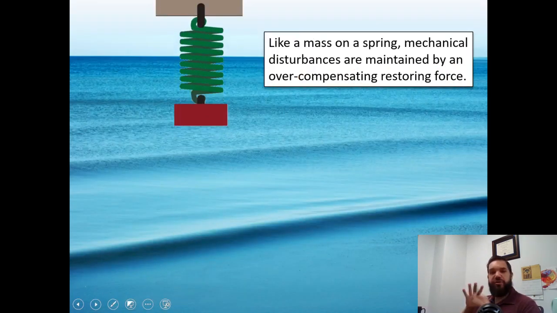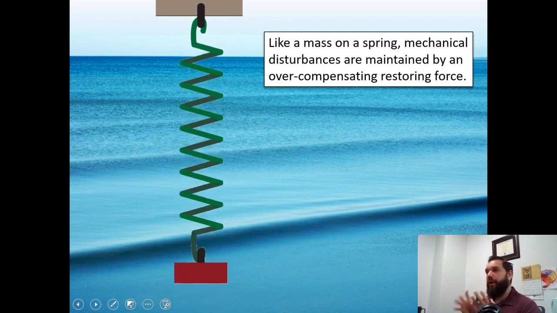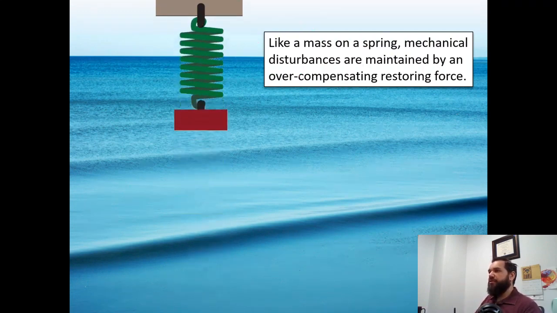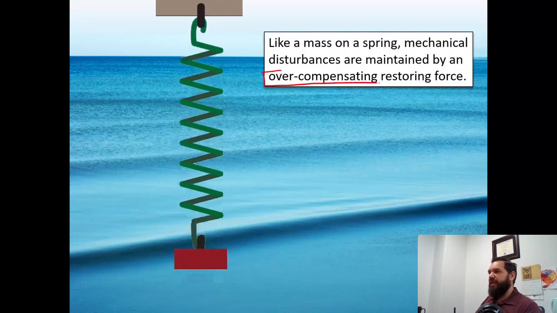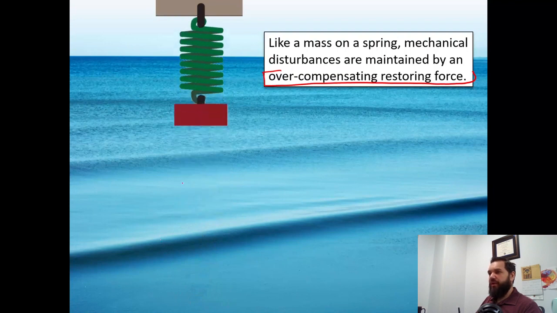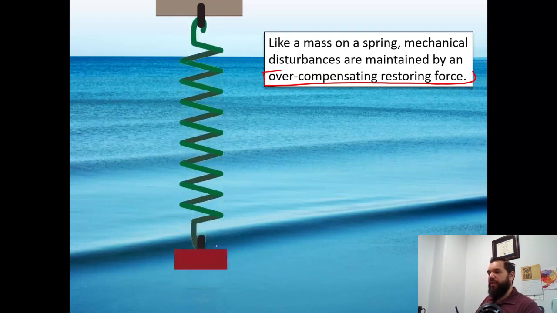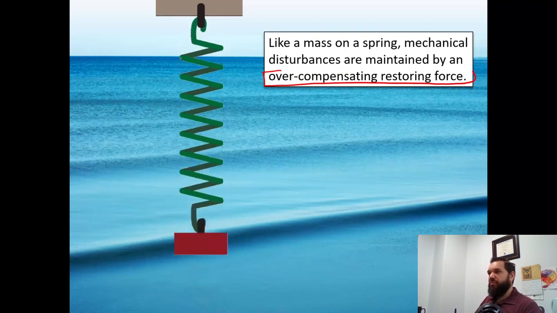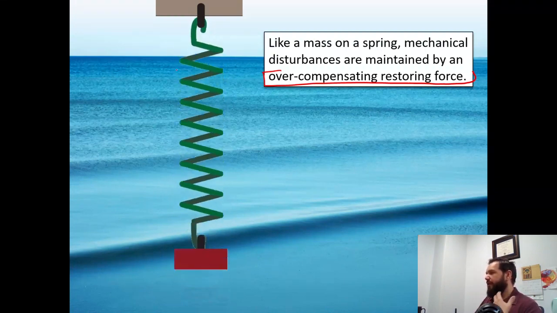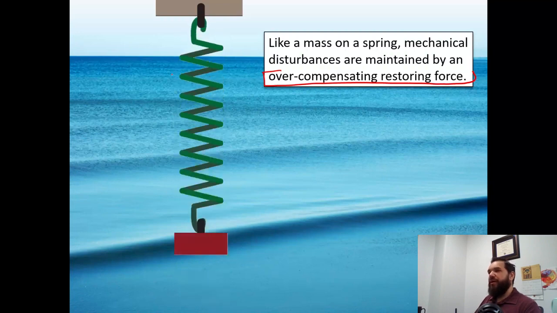So now with waves just in general, you have a disturbing force, and what happens is you have an overcompensating restoring force. So, if you consider this weight on a spring, the weight gets disturbed, the spring tries to pull it back, but it overcompensates. It's too strong.